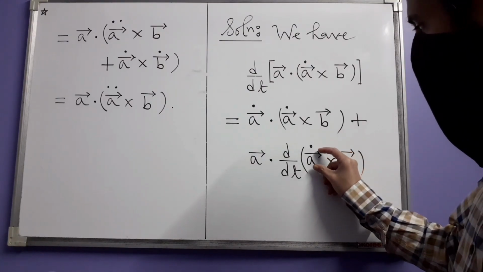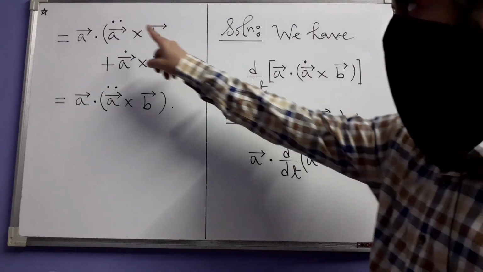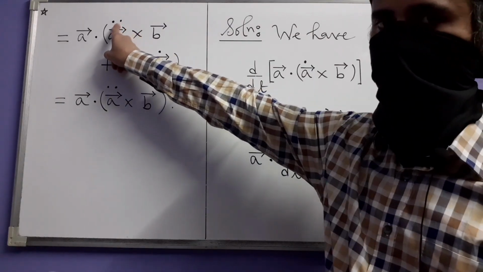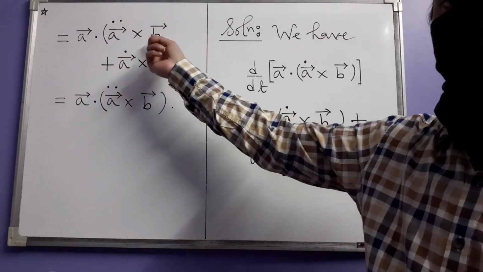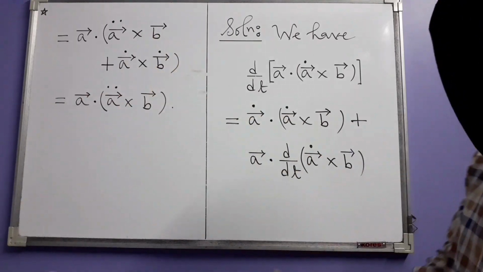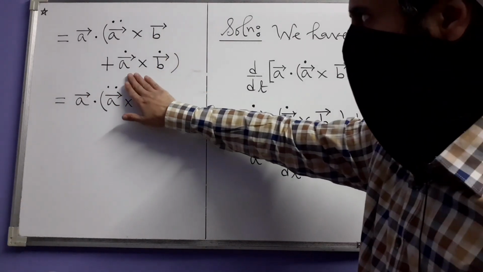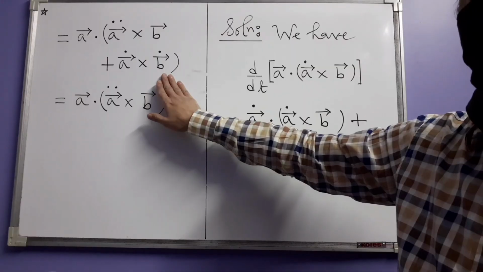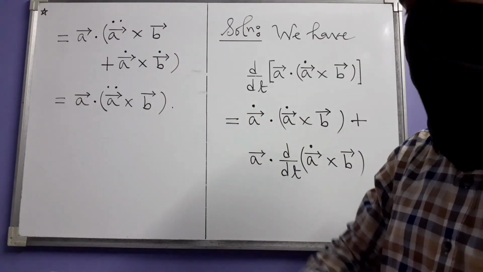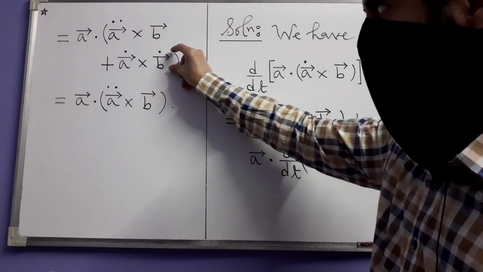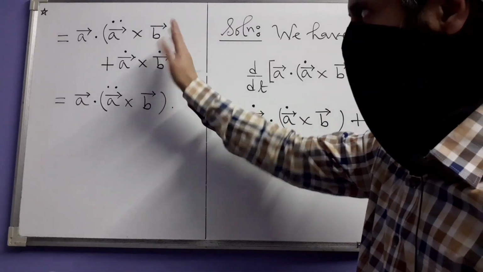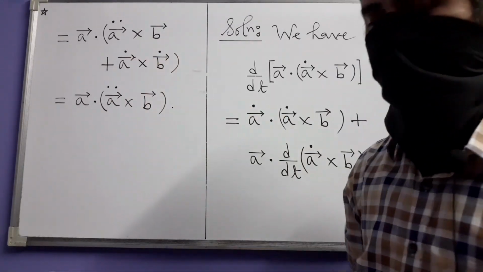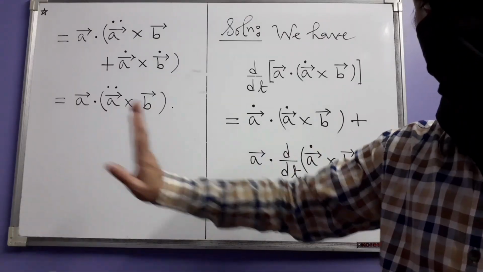So say you differentiate this vector first, obtaining this a with two dots above it, and the other vector b remains unchanged. Plus then in the next term, you do not change this and you differentiate b. Because b is constant, this is the 0 vector, and the vector product also becomes the 0 vector, so this vanishes and you are left with this. And this is what you wanted to prove, right?